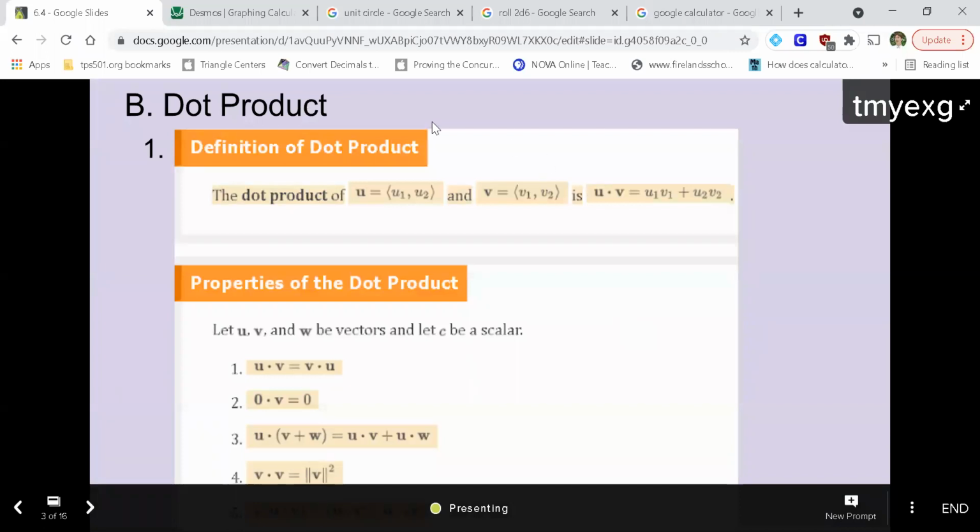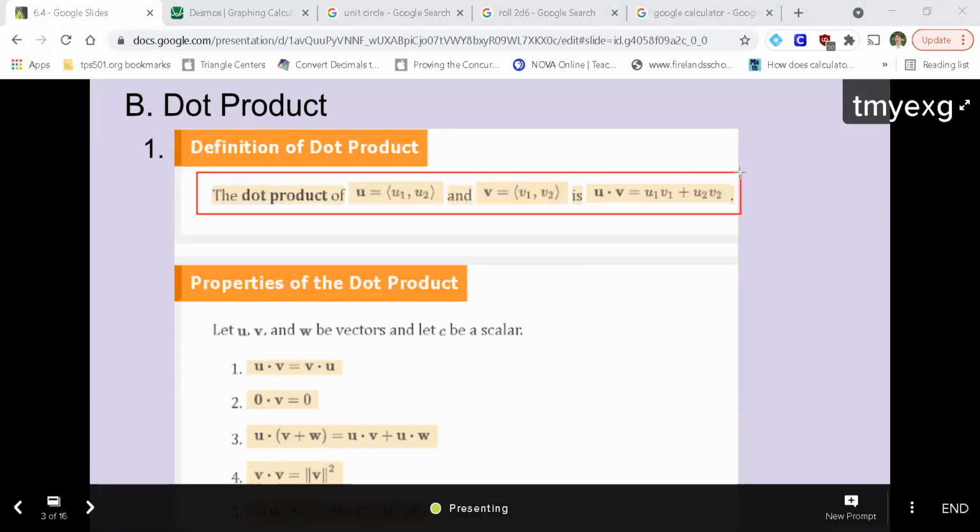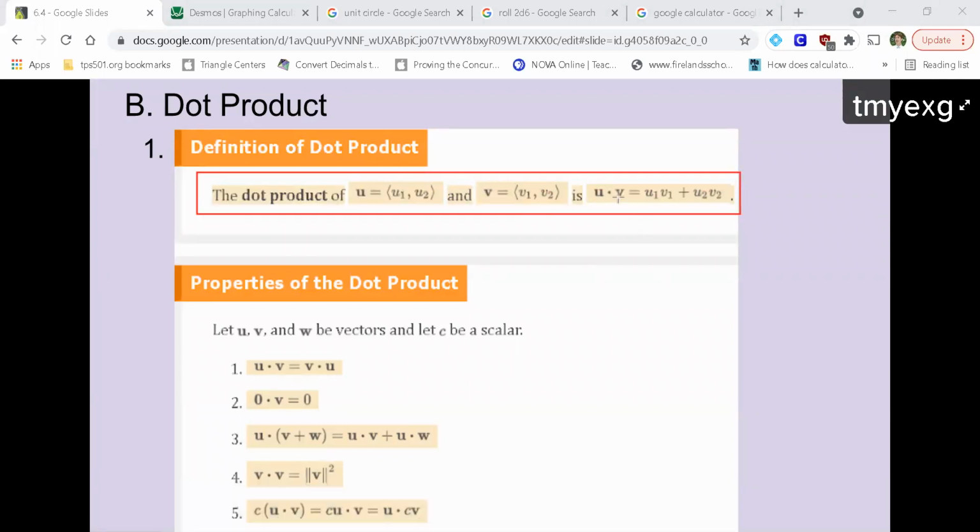All right, so here is the dot product. The dot product of a vector u with a vector v is written kind of like multiplication, and it's like multiplication, but also not. It's u dot v, and you take the first components, or the x components, and multiply them together.